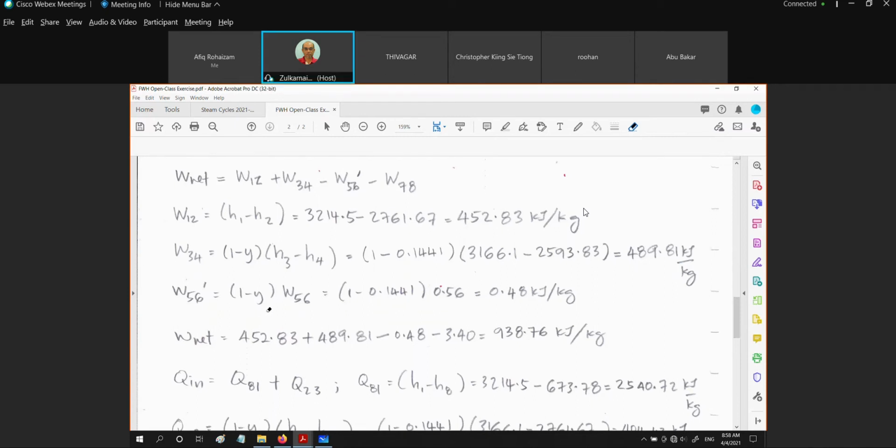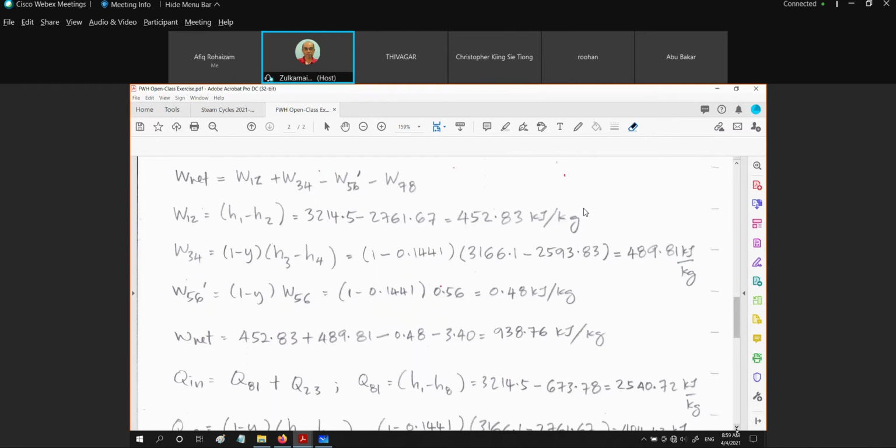Previously, for 5,6, we didn't take care of the 1 minus Y in order to get H6. Okay, so here we put 1 minus Y. And then this is our W net. This is our Q in.